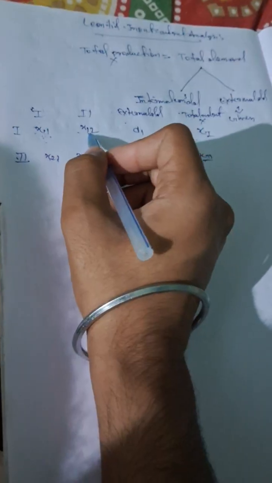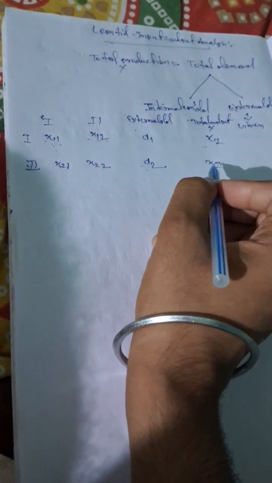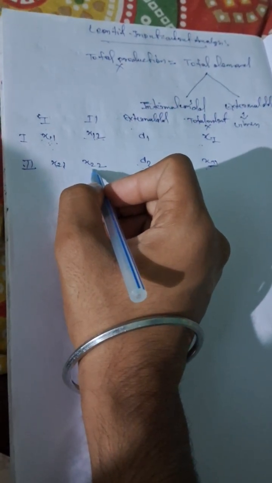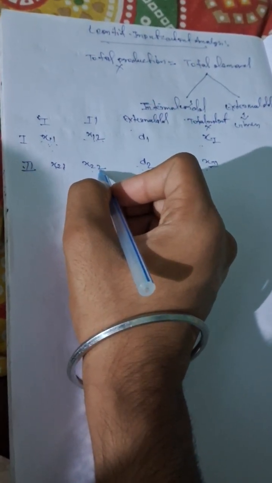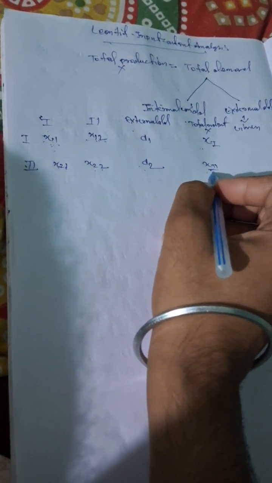Output of the first industry used by the second industry in order to produce total output of the second industry. Output of the second industry used by the second industry in order to produce total output of the second industry.